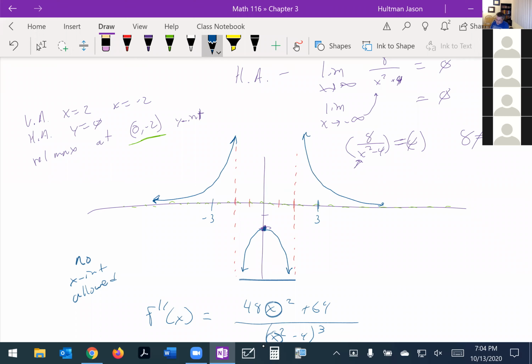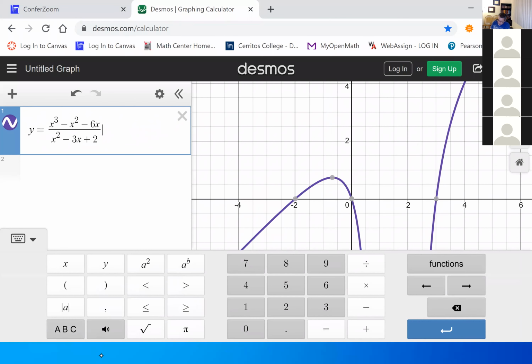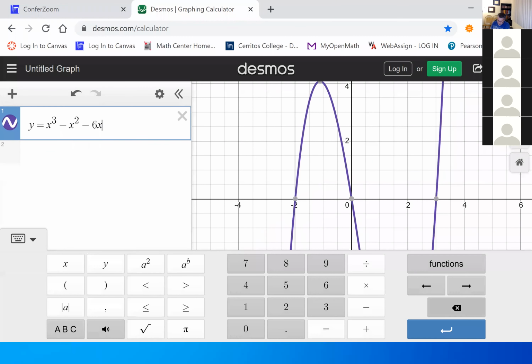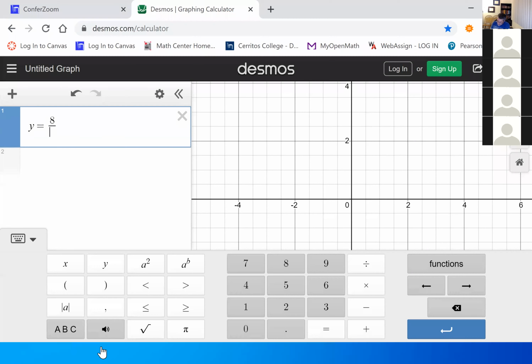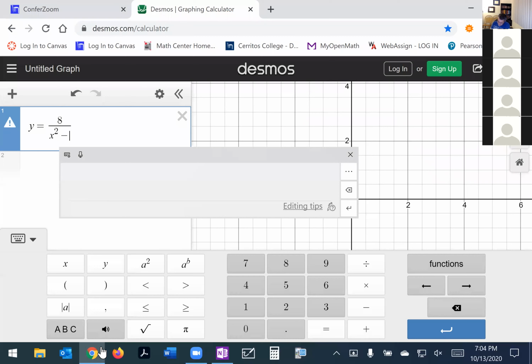Now let's graph this on Desmos to see if we came close. So let's see what happens. This is just 8 over x squared minus 4, right? Yeah. So let's graph this: 8 divided by x squared minus 4.